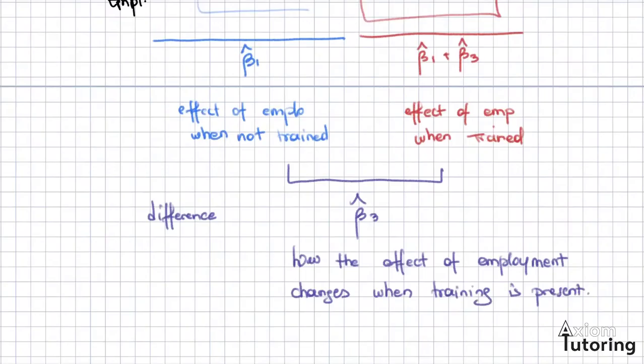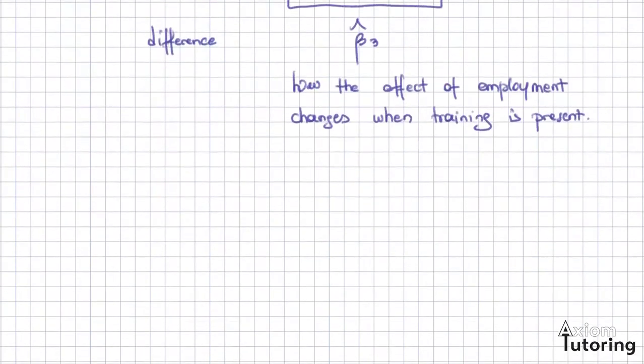Now, something that you might have probably seen in other lectures is that this beta 3, in this case of the 2 dummies, is very similar or almost the same as the intuition behind the difference in difference model. Okay?